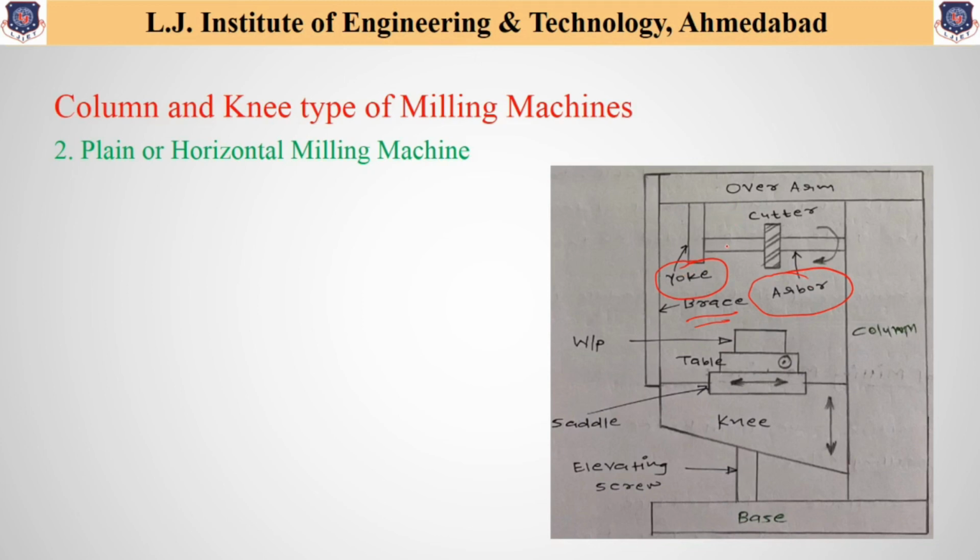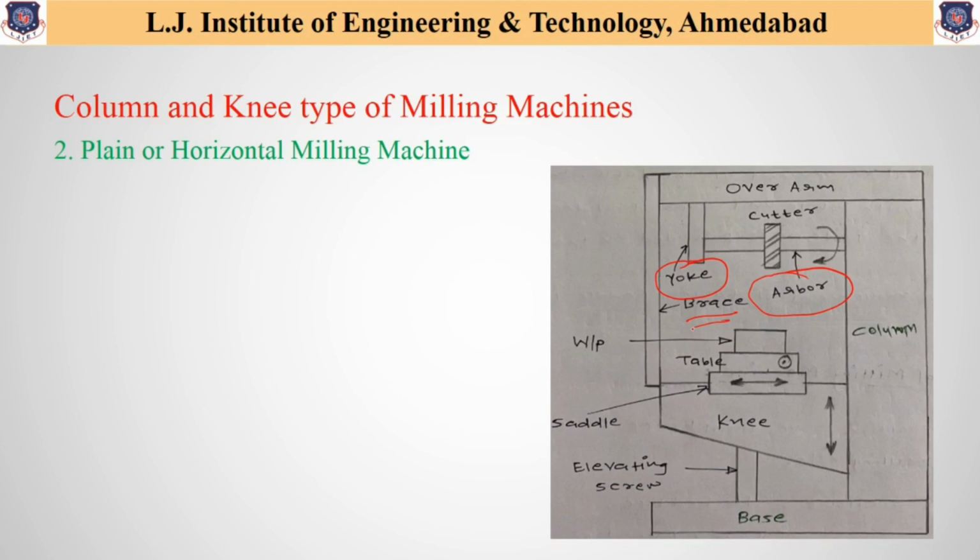So the yoke helps the arbor during rotation by providing the fixture from the overarm to the arbor. In other words, the yoke is the linkage between the overarm and the arbor.